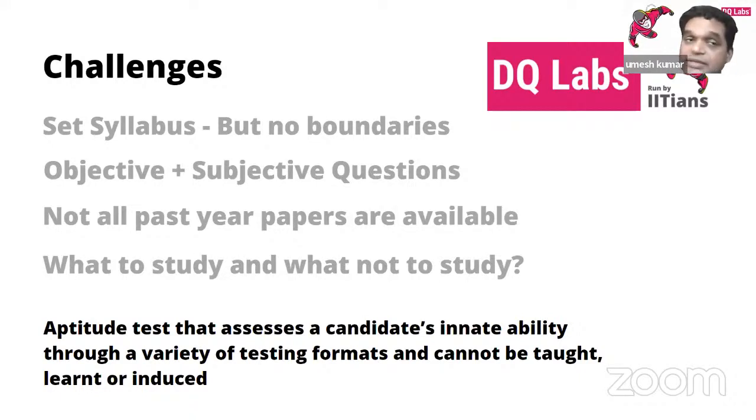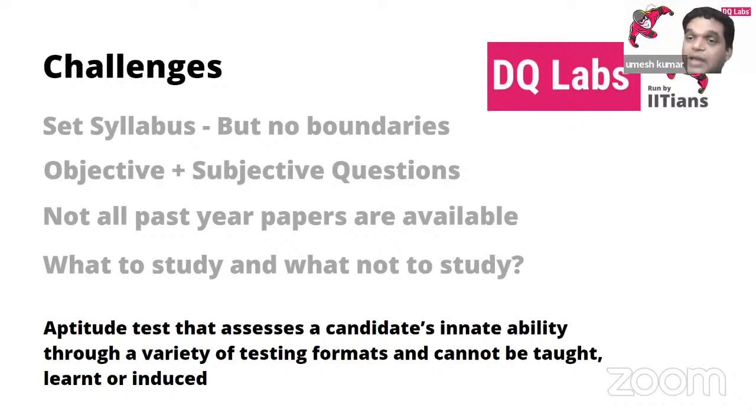And third, not all past year papers are available for review. If you take NEET or JEE Paper 1, all the past year question papers are available for you, so you would know exactly what kind of questions they're giving. But certain exams here do not publish their papers. For example, NATA never publishes a paper, maybe once in a while, but most of the time they will not.